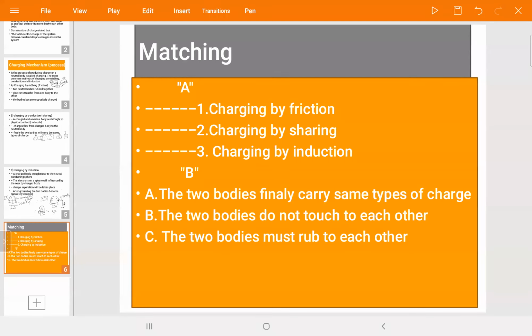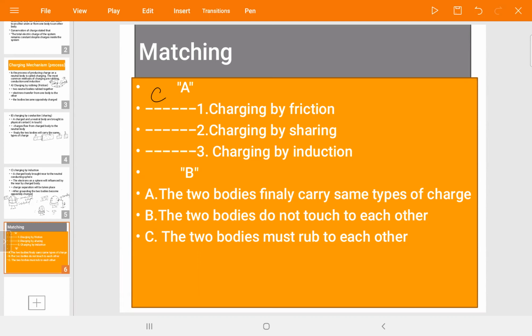Number one, charging by friction. It's C. Charging by friction, of course, yes, it's C, because in friction the two bodies need to rub against each other.